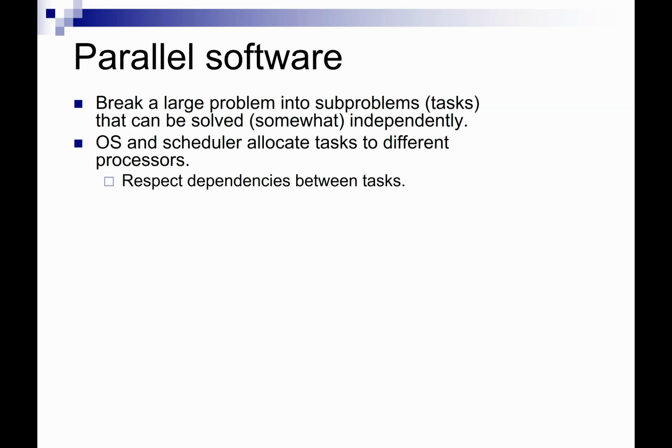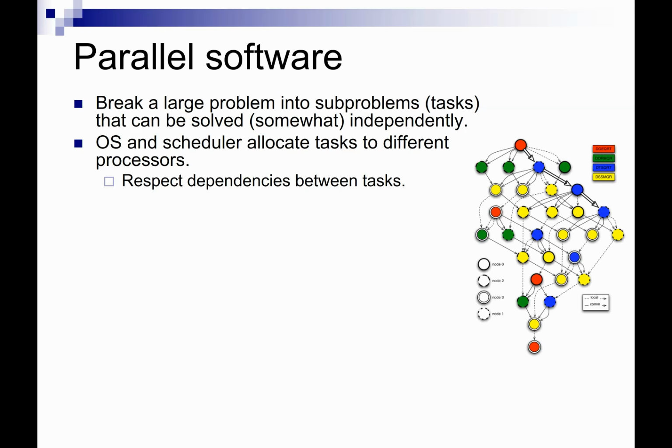So the first step is to take the problem and break it into these subproblems or tasks. Next, we need to use the operating system and its scheduler to decide how to execute these tasks. The first thing is that we need to allocate: we have a fixed number of processors and some number of tasks, and we need to allocate the tasks to the processors.